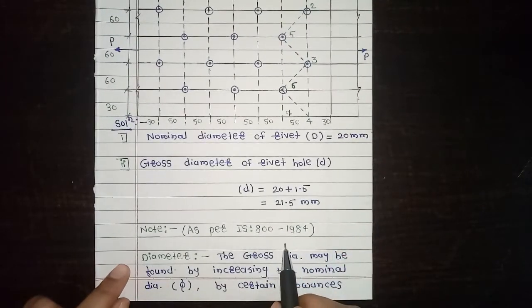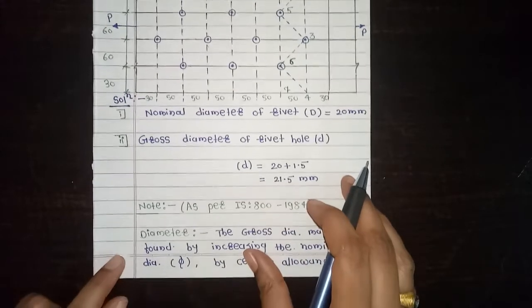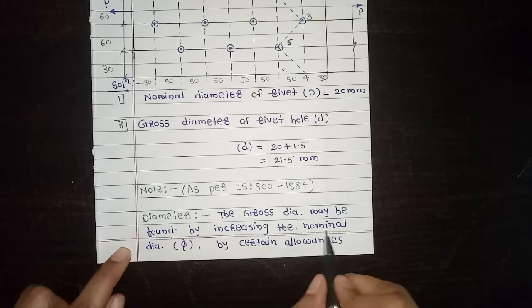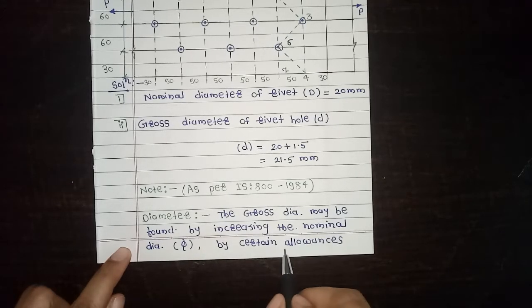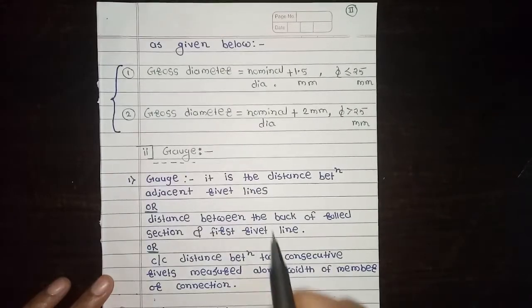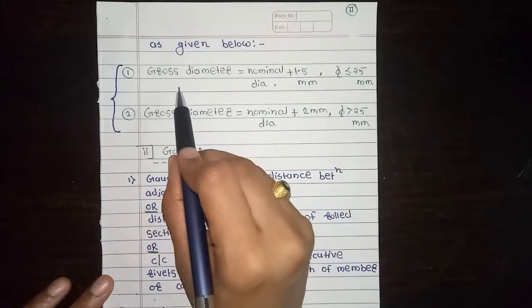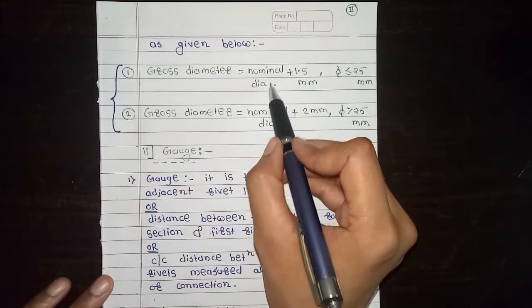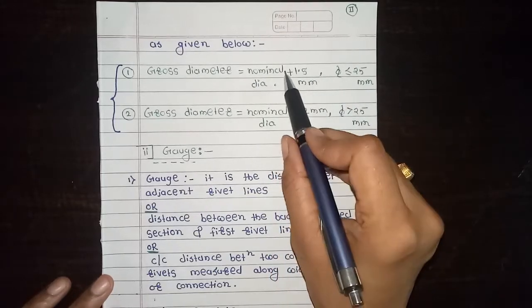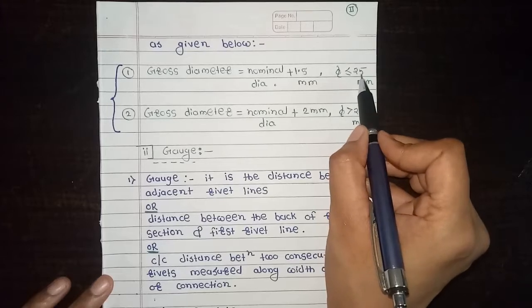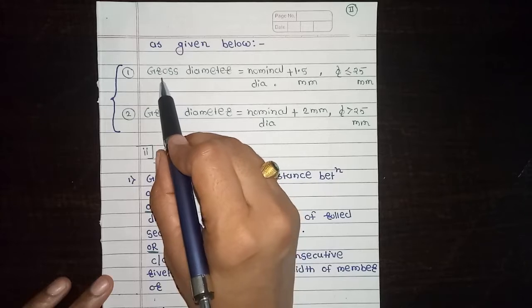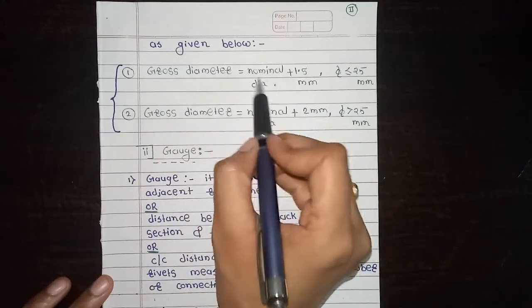Note, as per IS 800-1984, the gross diameter may be found by increasing the nominal diameter by certain allowances as given below. So gross diameter is equal to nominal diameter plus 1.5 mm if the nominal diameter is less than 25 mm, then we have to calculate gross diameter by using this formula.